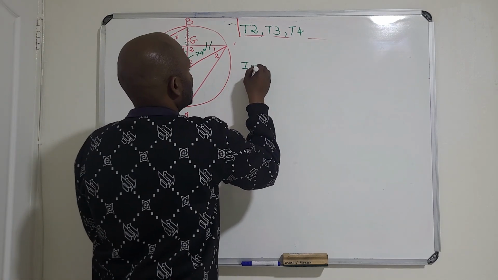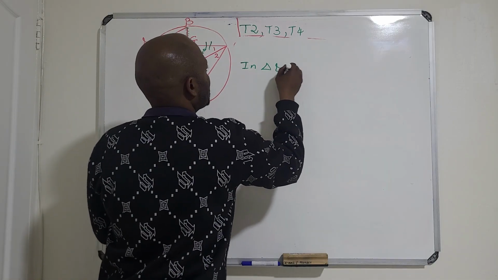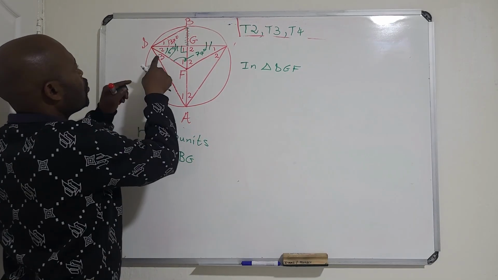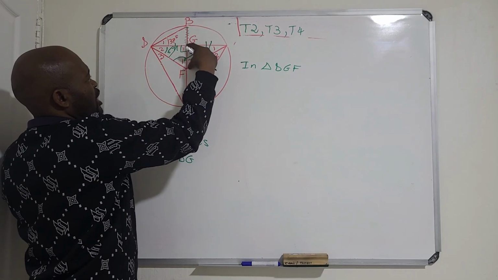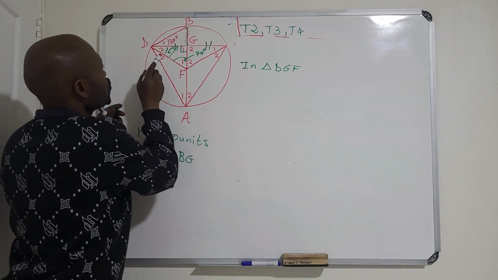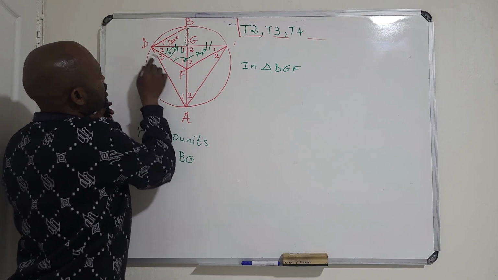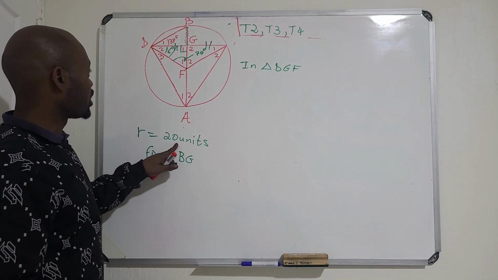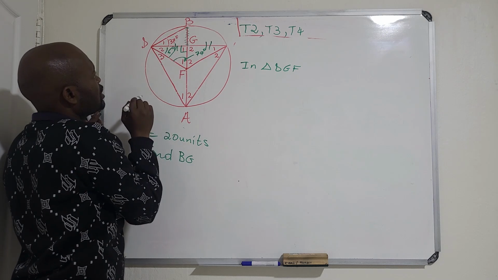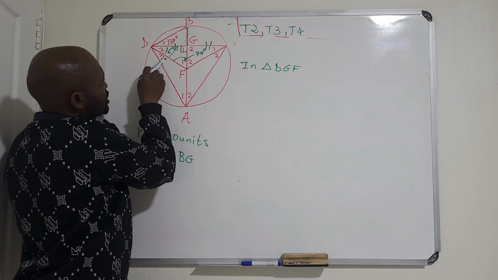I do have this angle in triangle DGF. In triangle DGF, for us to find this length here, we need to use opposite. We do have the radius, and the radius is given to be 20 units. Therefore, there's our angle 16. Therefore, I can use opposite over hypotenuse.